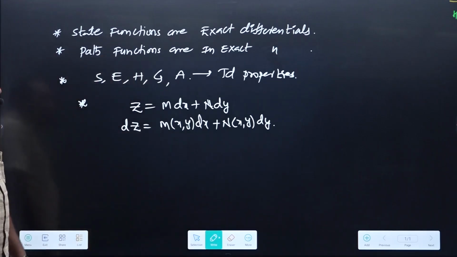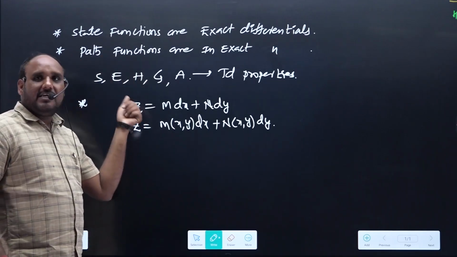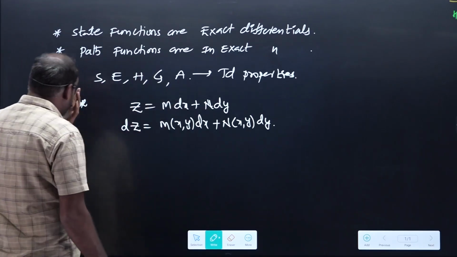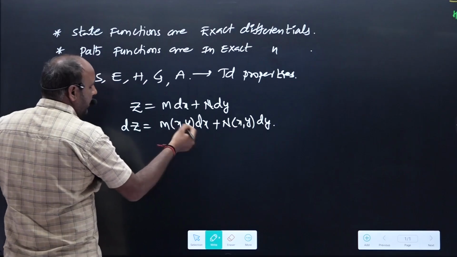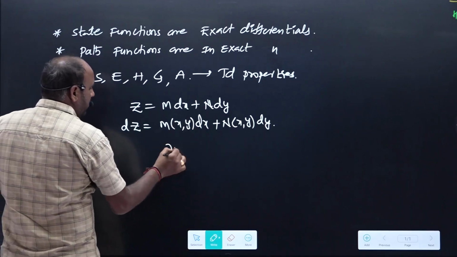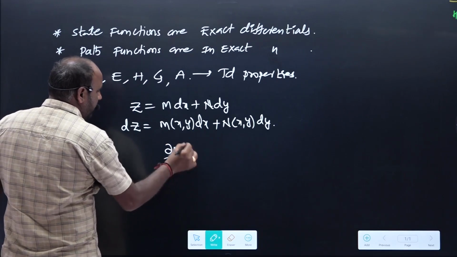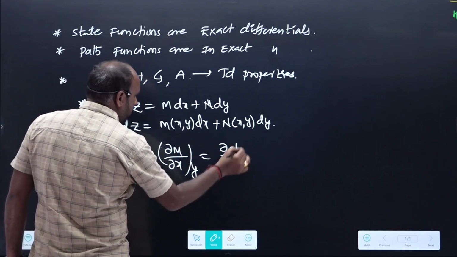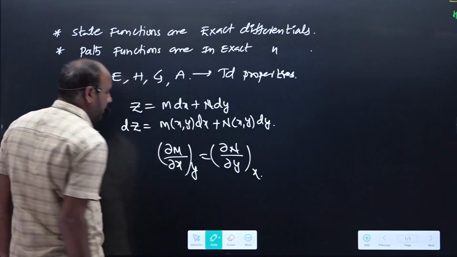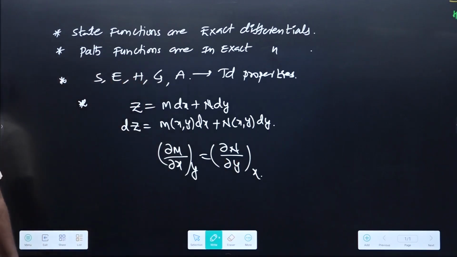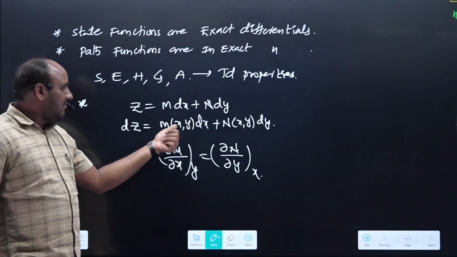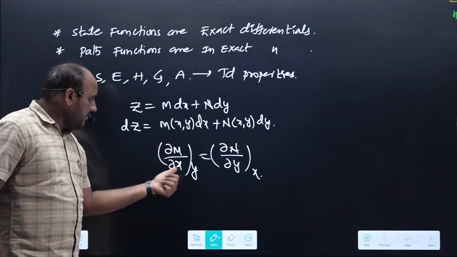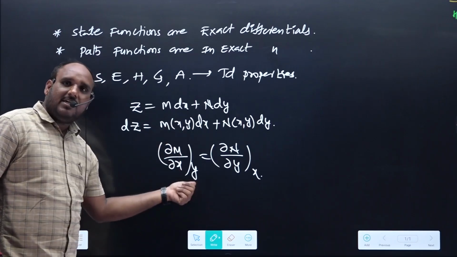How are we going to say whether the function z is an exact differential or not, right? M depends on x and y. Therefore, dou M by dou x at constant y is equal to dou N by dou y at constant x. So this must be equal, right? M is a function of x and y, and M is differentiated with respect to x at constant y.